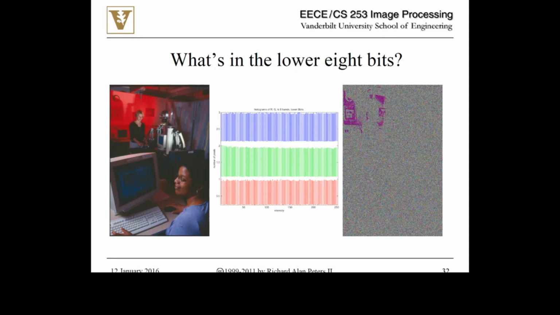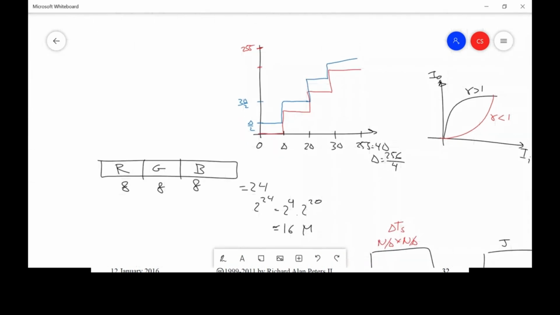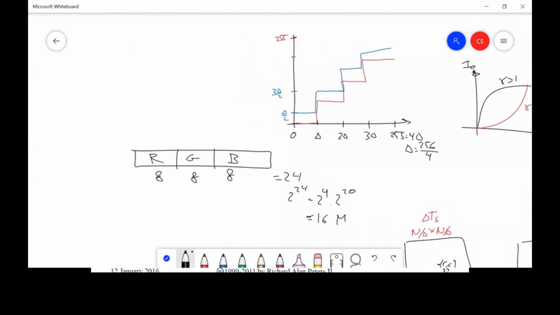And then we may next ask, okay, so what is the image? Let's say I have an image with 8 bits, 8 bits for each one of the channels. And this I can decompose into parts.